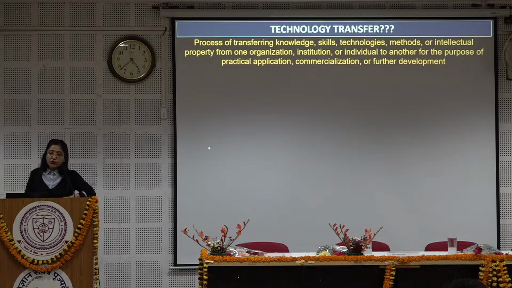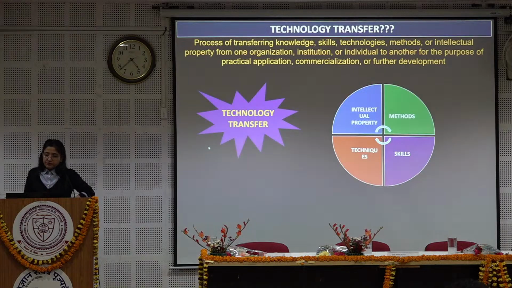You are also giving the IPRs related to it to the other person. The purpose of it is commercialization or future development. The skill set of the people is also being transferred.